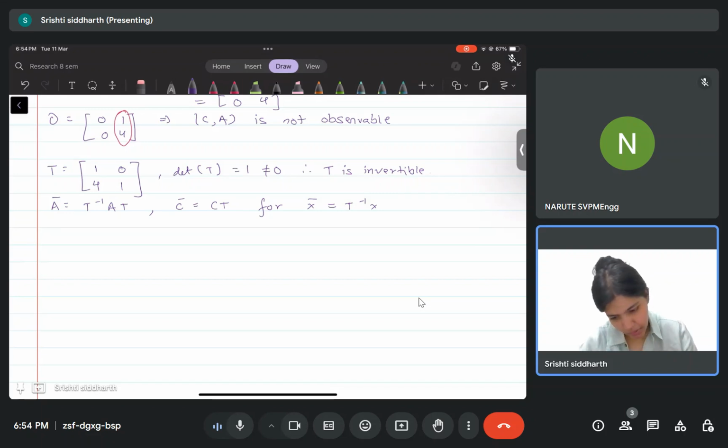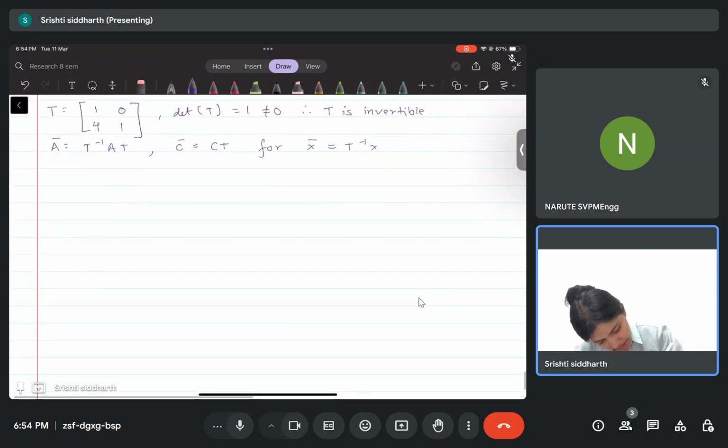So let's find what A bar and C bar are and see if we get the standard form. T inverse is 1 upon the determinant, and then we swap these two and reverse these signs.